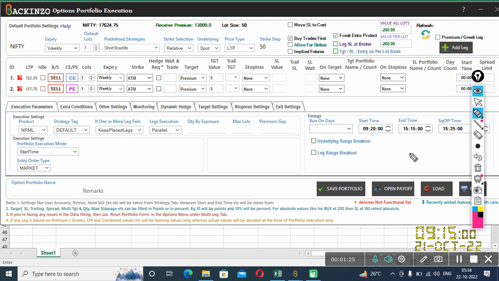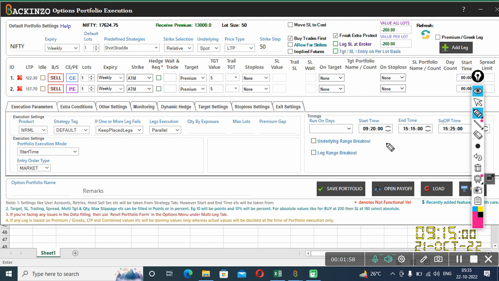Suppose you have created a straddle on ATM call and ATM put, and the entry time you have specified here is 9:20, with whatever the stop loss and target condition is. Now what happens is, as soon as 9:20 strikes on the clock, exactly at 9:20, not even a second delay, we are saying enter both the legs right away at the mentioned entry time.